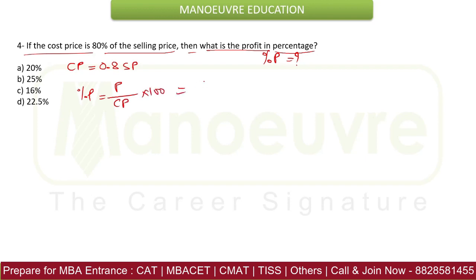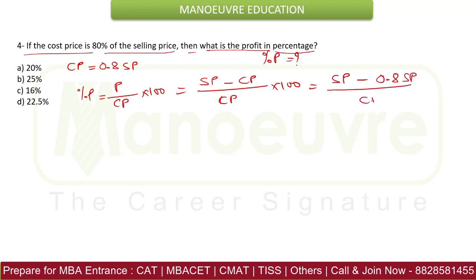That means that will be SP minus CP upon CP into 100, and SP minus CP is given as 0.8 SP upon CP into 100. Yeah, we can replace this CP also by 0.8 SP.